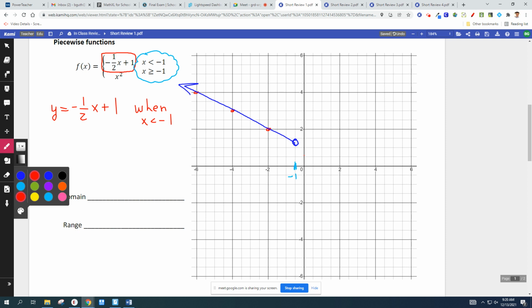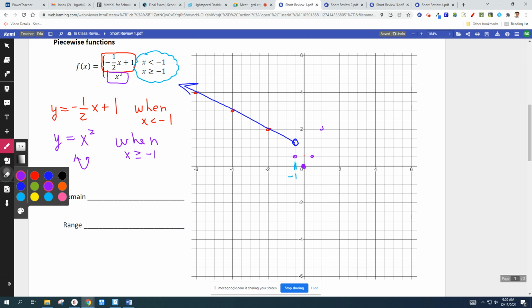The other part of this would be y = x squared, but I only want to look at y = x squared when x is greater than or equal to -1. We know x squared is a parabola. Normally what we would do is go here and up 1 and up 3.